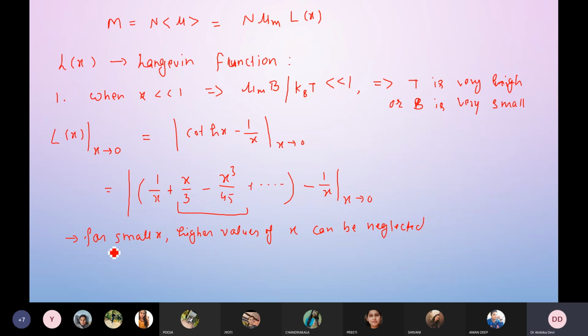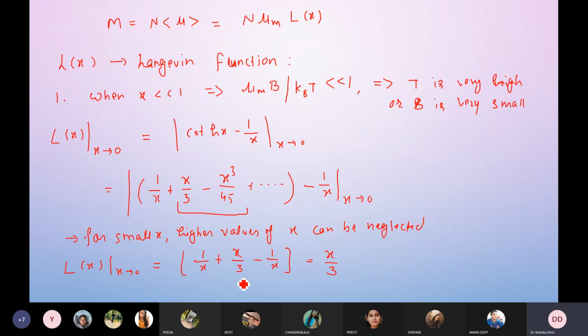Therefore, L(x) as x approaches 0 is simply equal to 1 upon x plus x upon 3 minus 1 upon x, which is equal to x by 3.